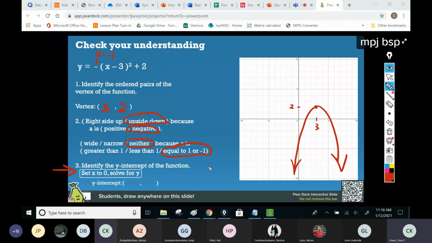And then for the y-intercept, we have to find out exactly at which number the graph touches the y-axis so we can get a better graph. So I'm going to set x to 0, plug in a 0 right here, and solve for y.